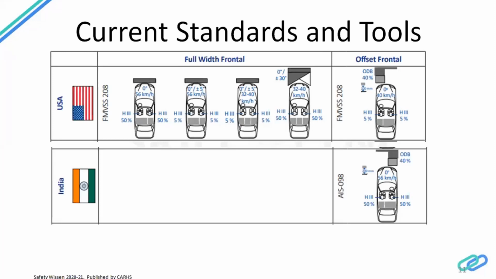For that you need a very exhaustive study of how your citizens are using roads, what kind of traffic laws they are following or not following, how they drive, what kind of awareness they have, lots and lots. India is still working on that kind of research.